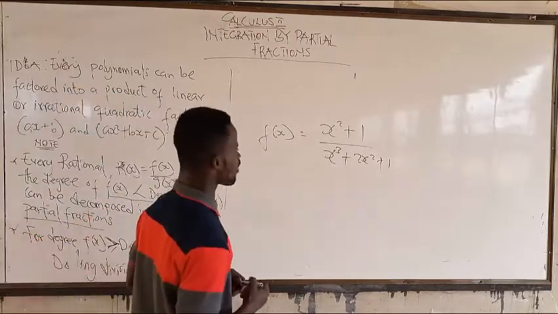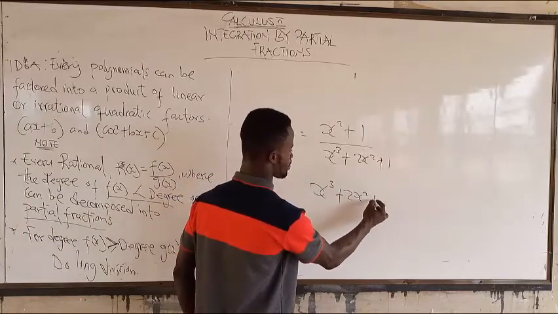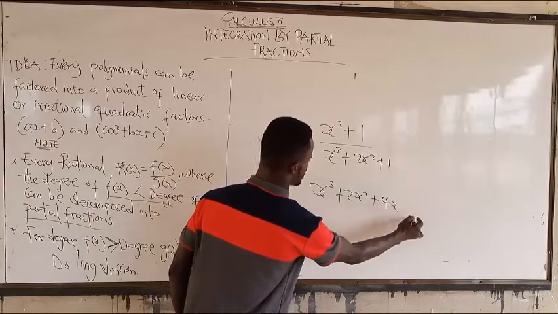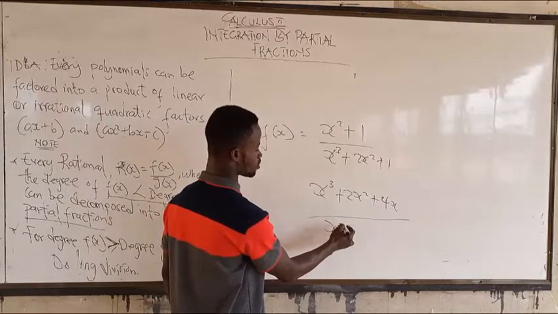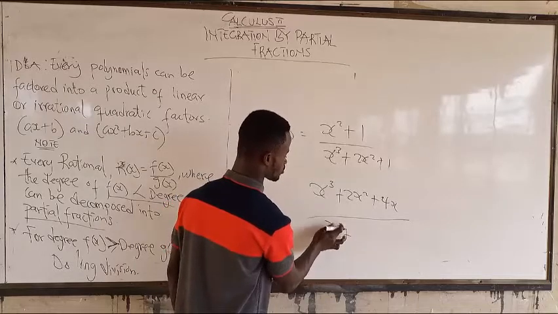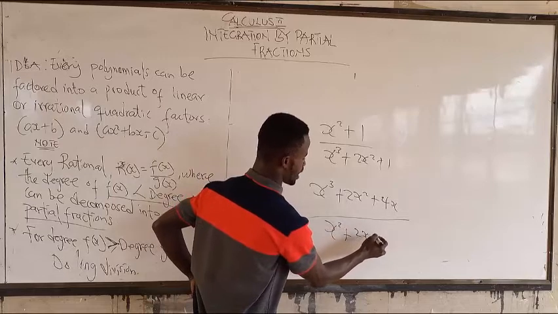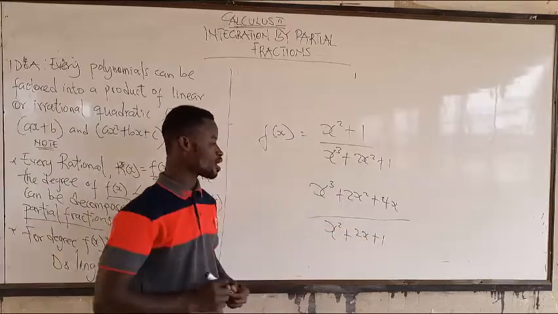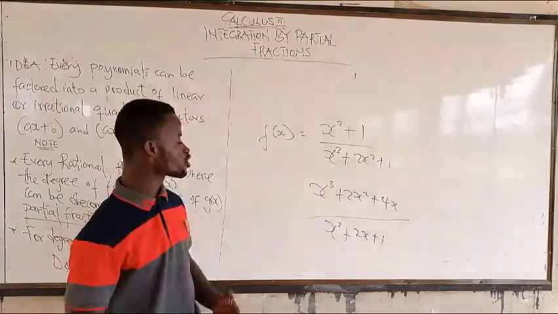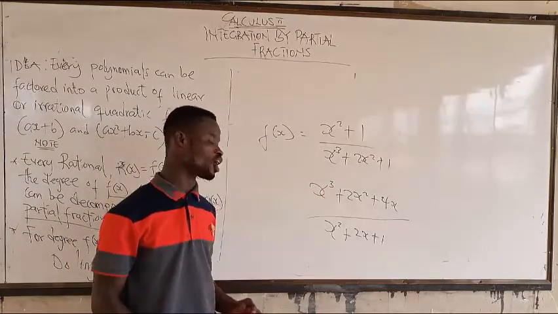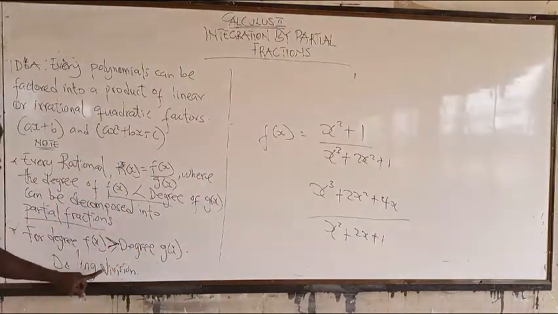All right. Now, what if we have x to the power 3 plus 2x squared plus 4x all over x to the power 2 plus 2x plus 1? Here you can see that the power of the numerator is greater than the power in the denominator. This means that you do long division.